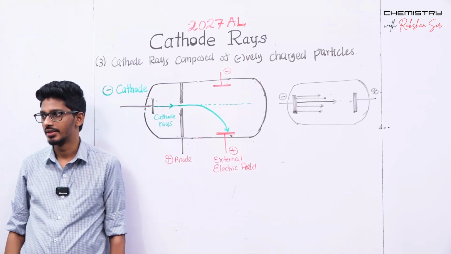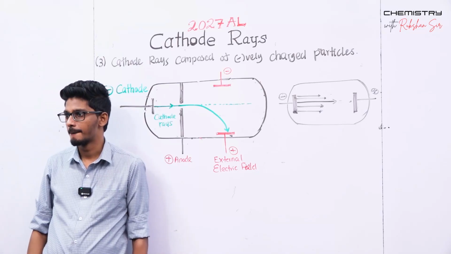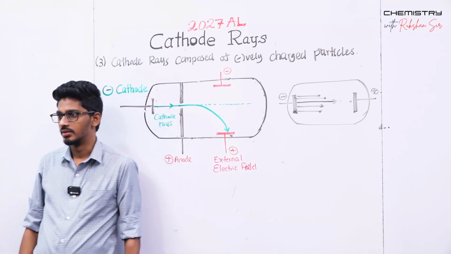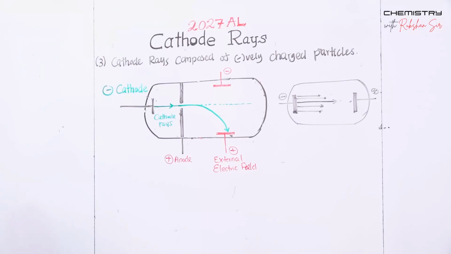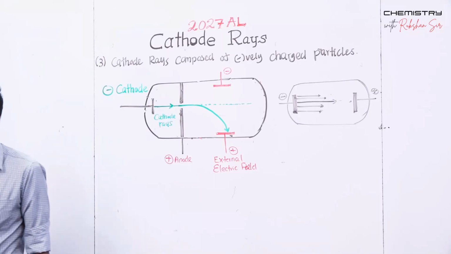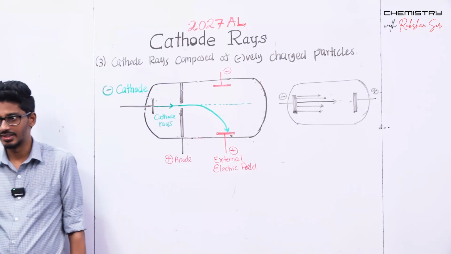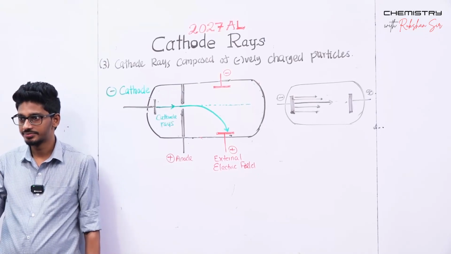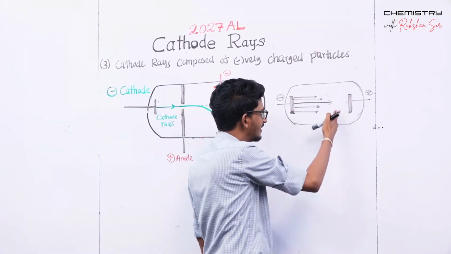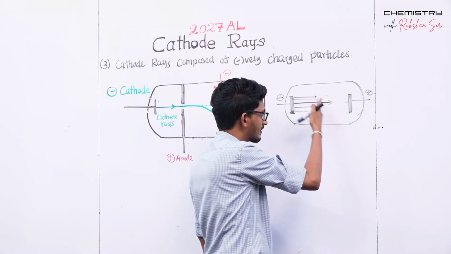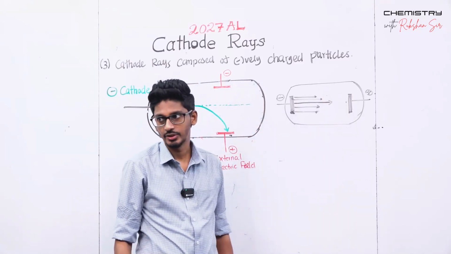Yes? Cathode rays travel in a straight line, so if any object is placed here, the cathode ray will travel toward that.